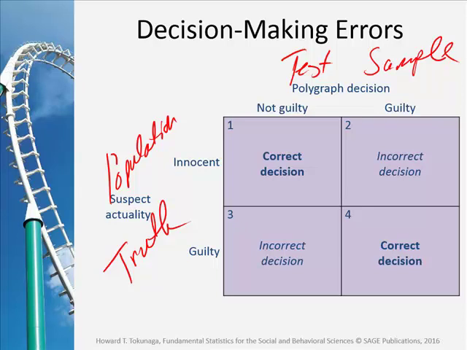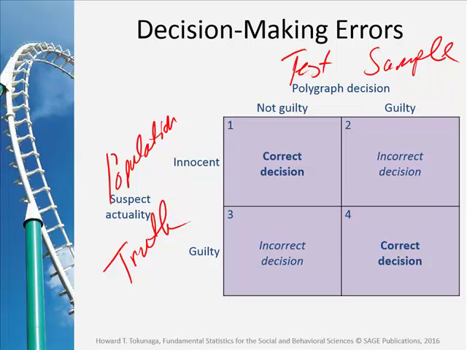Now, if the polygraph says you're guilty, that you're a liar, and you probably did commit that crime, but in reality you were innocent, you just had a bad test, that's an incorrect decision. That's an error. But if the polygraph says you're guilty, and you are guilty, well then the polygraph worked.